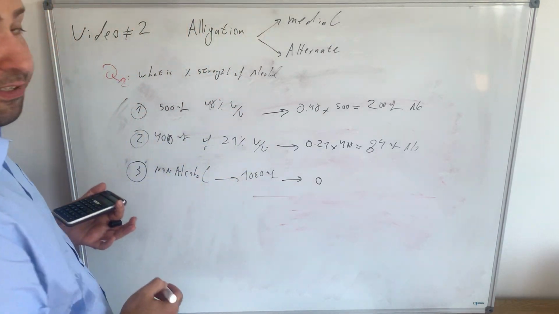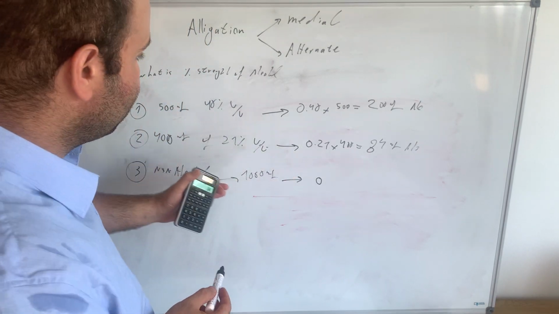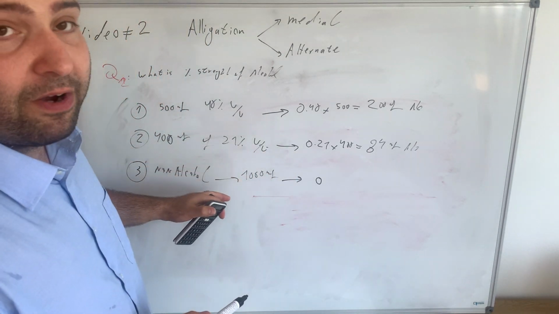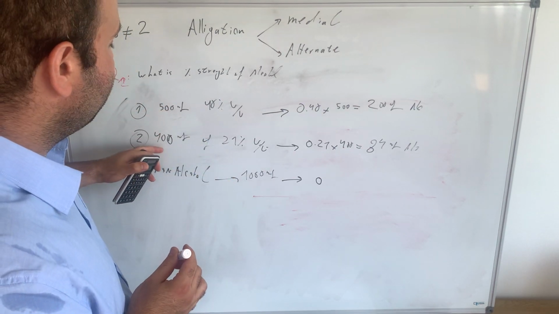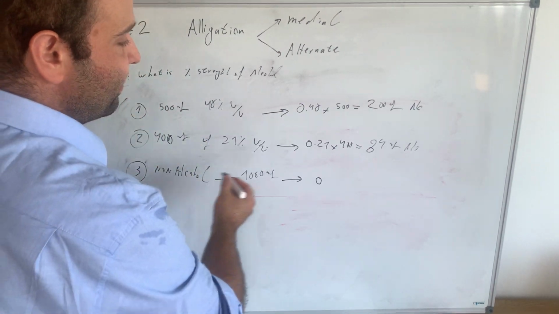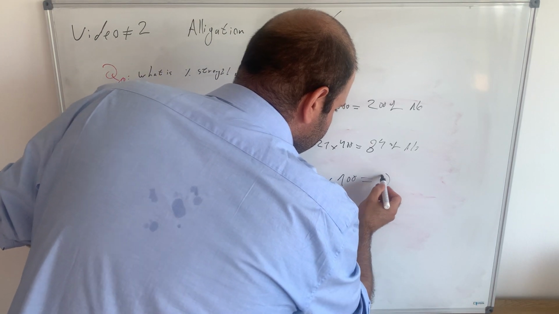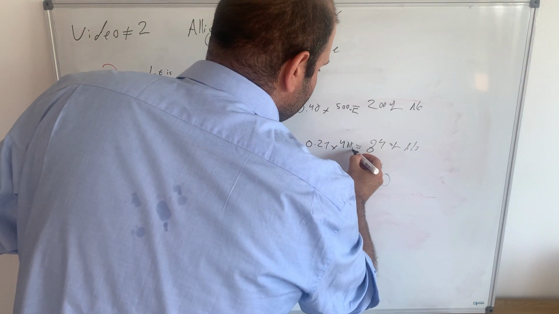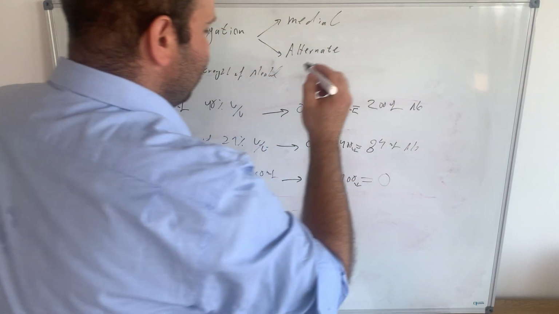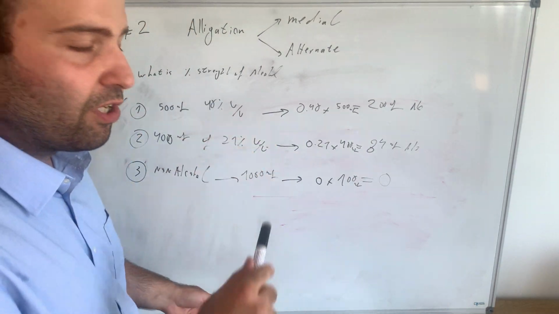How many milliliter do we have to add from this non-alcoholic solution? As I mentioned, we need to reach 1000 milliliter. Here we have 500 milliliter, here we have 400 milliliter, so we need another 100. So the answer, 100 milliliter. It's better if you put the unit. Sometimes I forget it, but always try to put the unit.